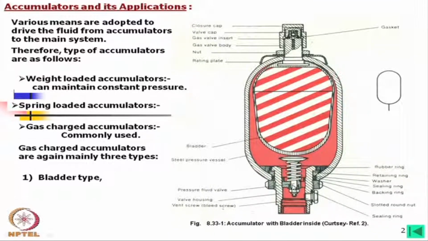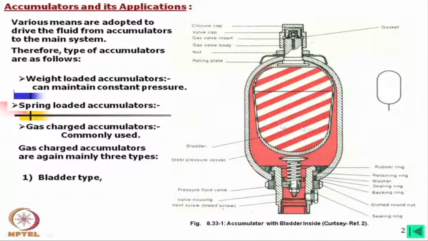So, there is another valve through which the oil is allowed to the main system, and then this is a vent screw. If some bleeding is necessary, it is done through this. Then this is a slotted round nut to fix this one, and there are many other small components to make these fittings leak proof.